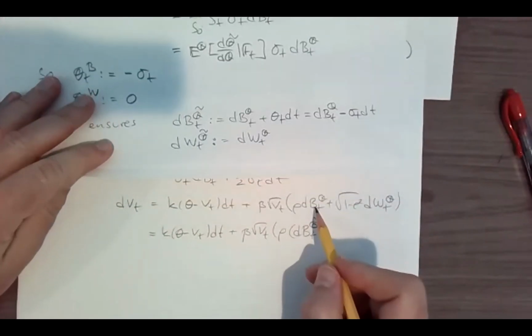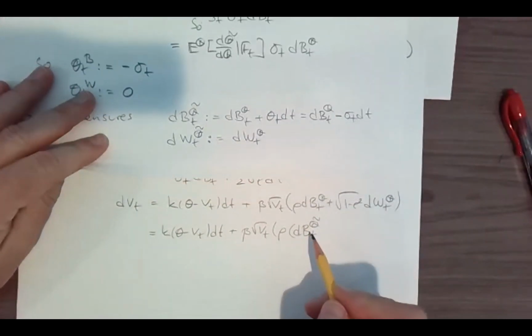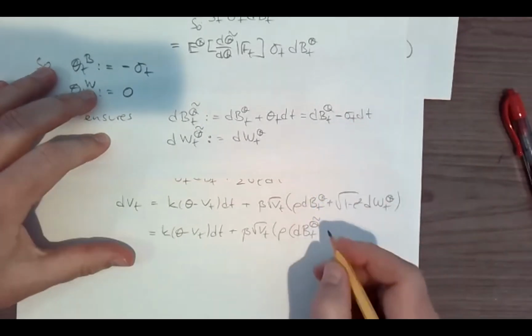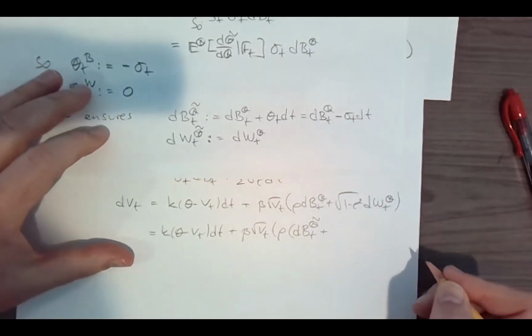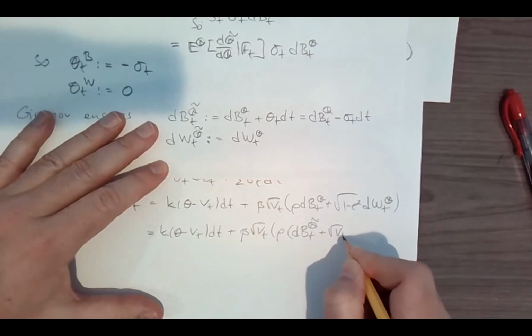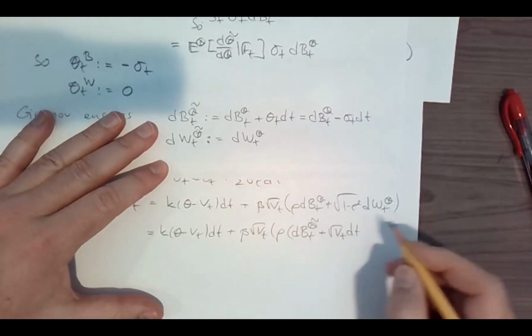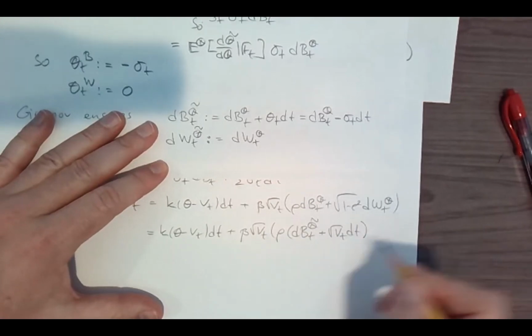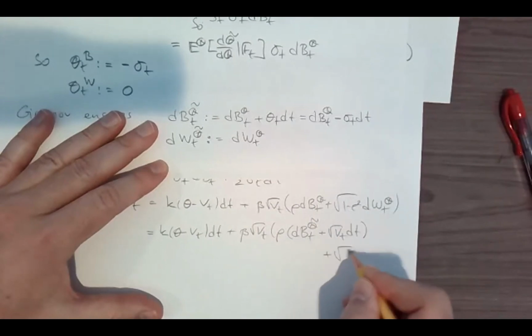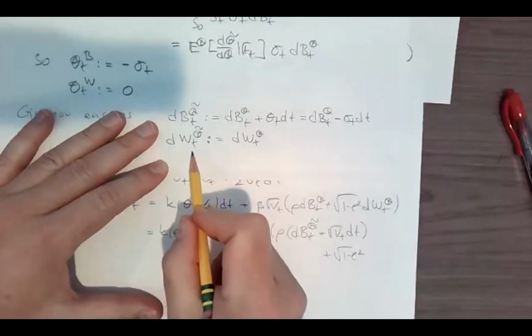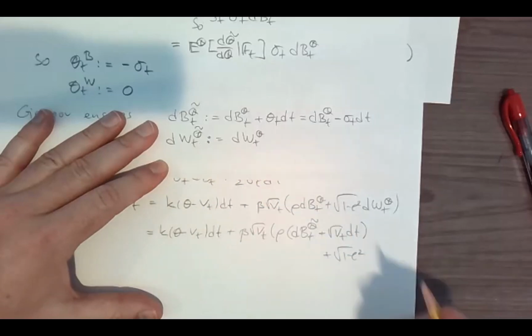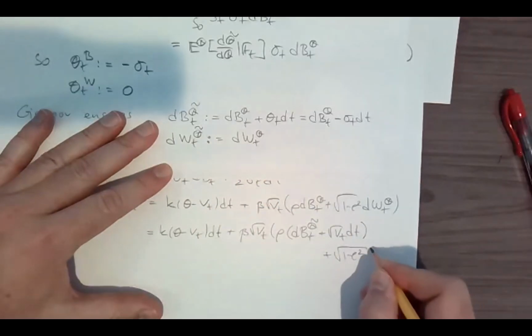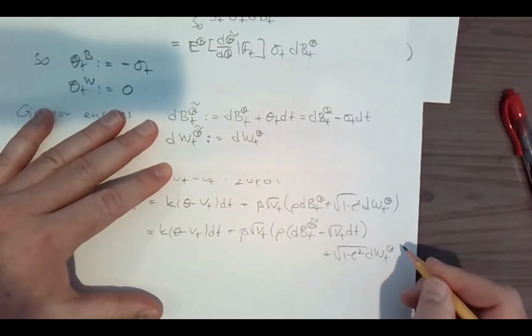Right, so if I want to replace the old Brownian motion by the new one, I need to add sigma, which in this model here was square root of V_t dt, plus, and then the new W Brownian motion is just the old one, so there's no change there.